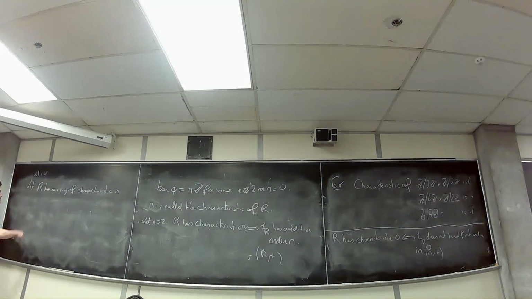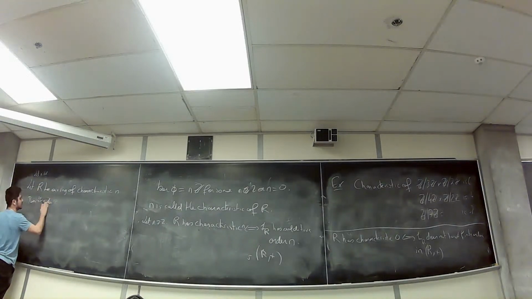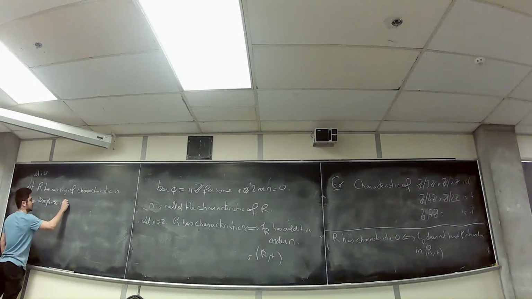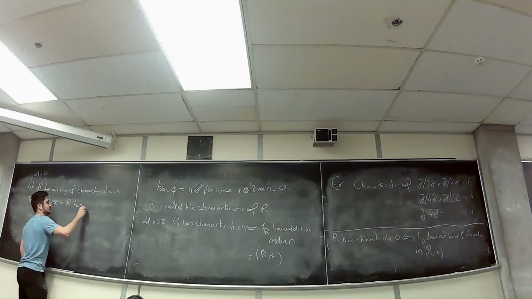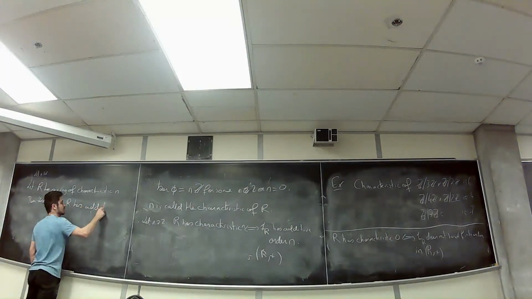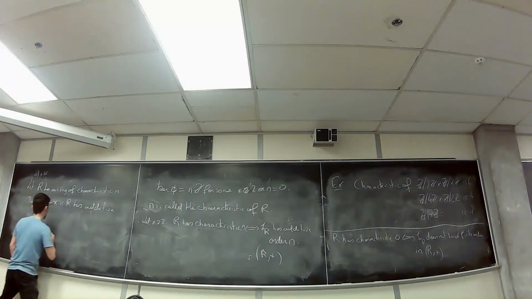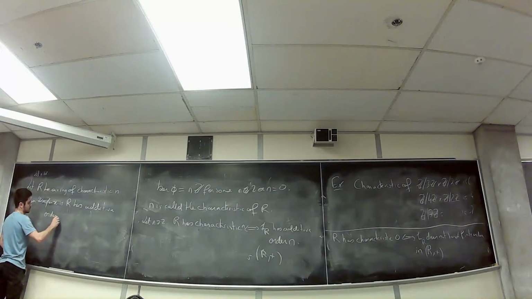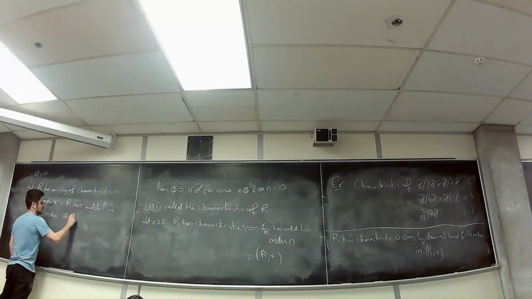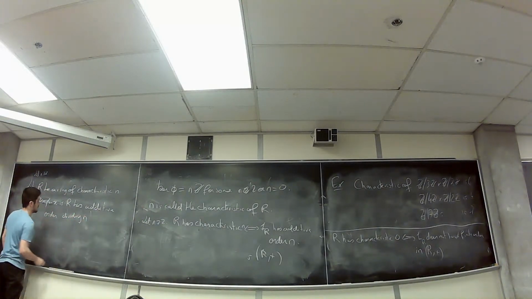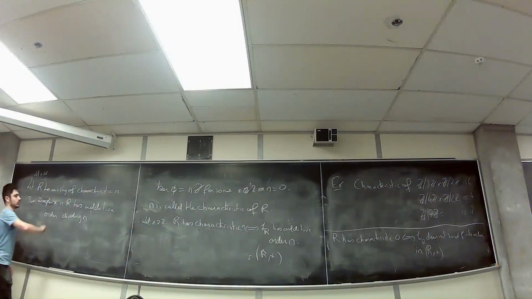Then what can I say? Then any x in R has finite additive order dividing n. Right, so it has finite additive order. Of course, it will be finite here.